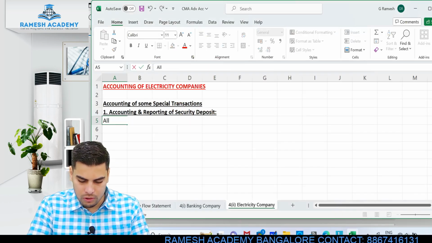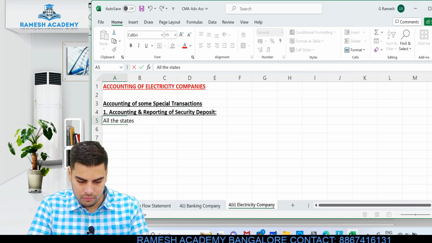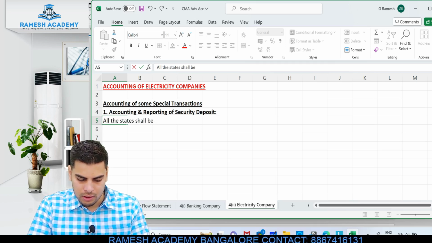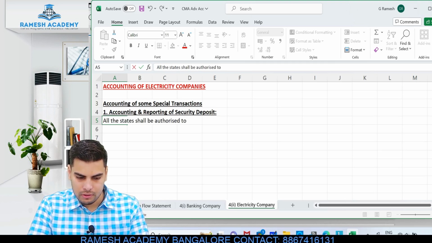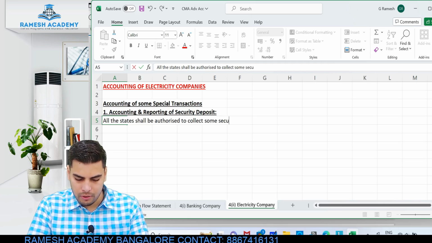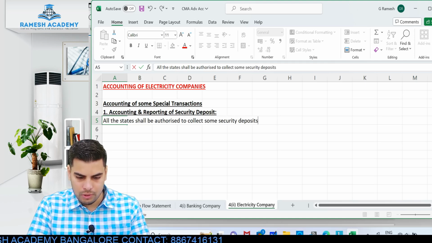So all the states shall be authorized to collect some security deposit from the consumers.